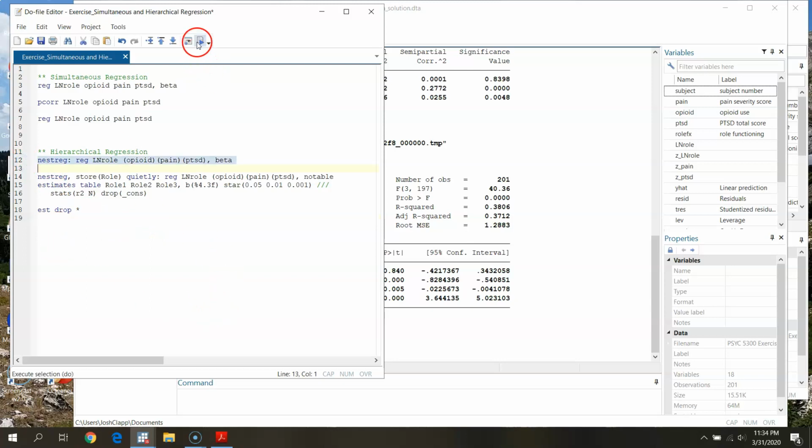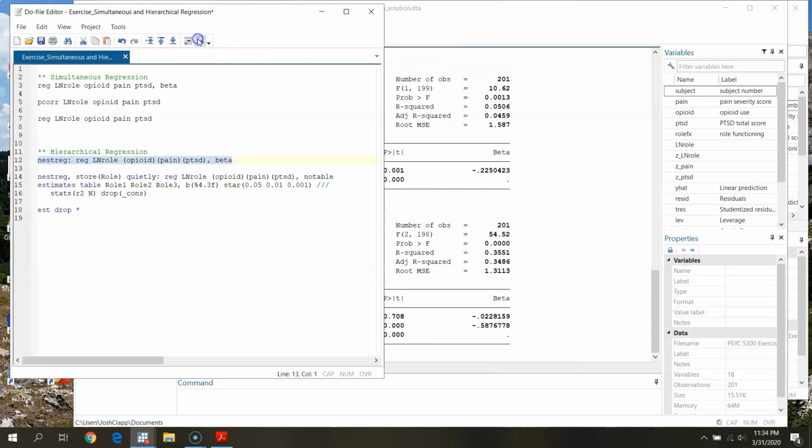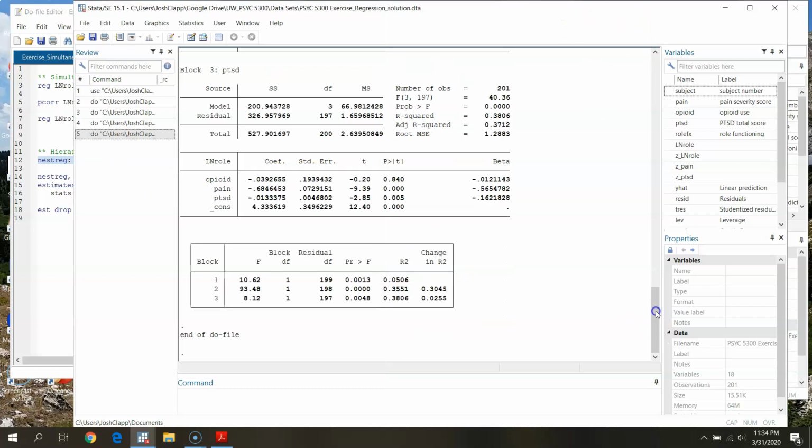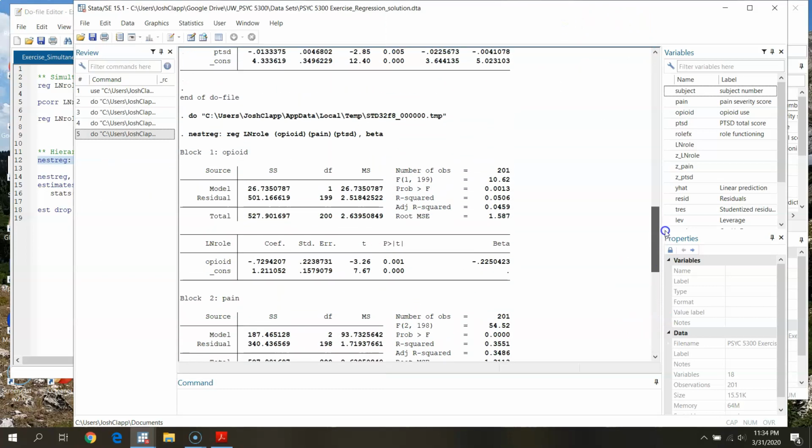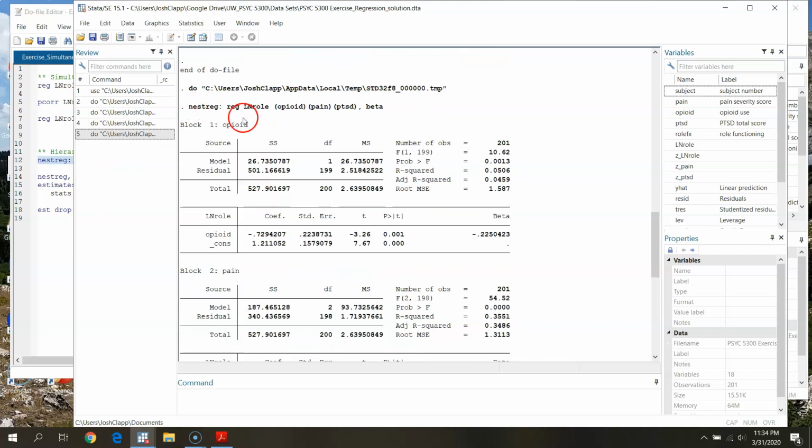Okay, so if we go through and we run this, we get everything kind of stepped out. Starting at the first, we've got our first block that contains just opiate use as a predictor. So here's our ANOVA model and our coefficient table that just includes opiate use in and of itself.